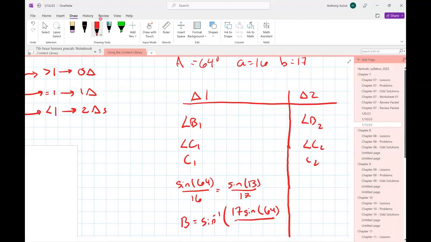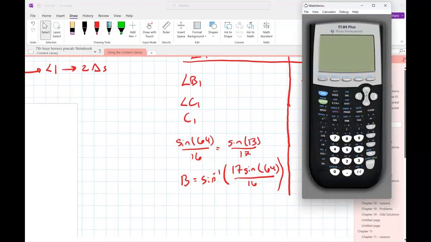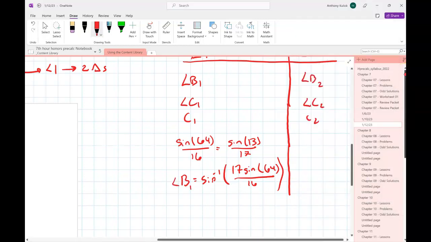Yeah, there's just this algebra. Okay. So 72.74 for angle B1.